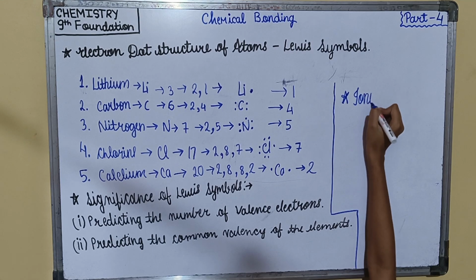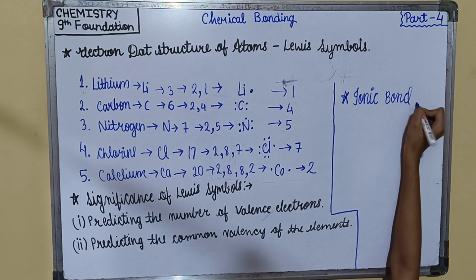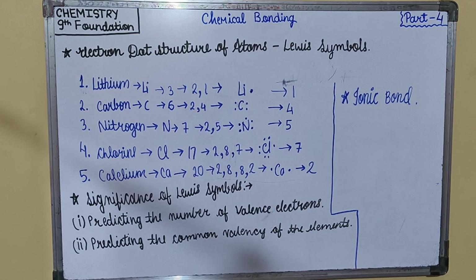It means the chemical bond formed between two atoms by the transfer of one or more electrons from the valence shell of an electropositive element to the valence shell of an electronegative element is called an ionic bond. Due to transfer of electrons, electrically charged ions are formed.